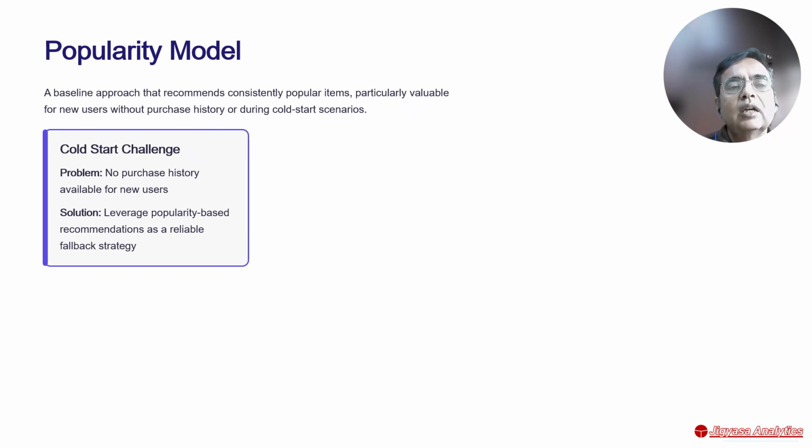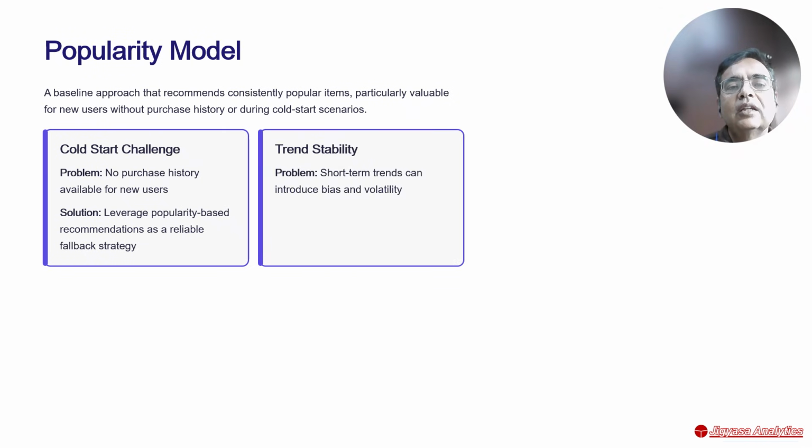And the solution is, if you have a system of popularity based models, then you can use that to make recommendations. And then one thing you have to be careful about is that popularity is a very fickle metric.